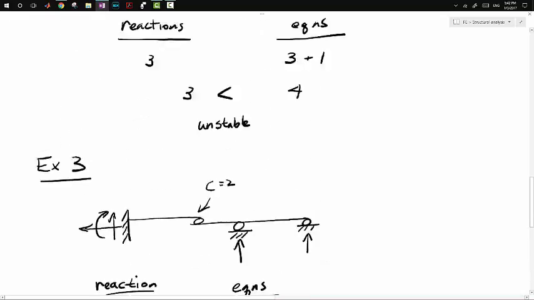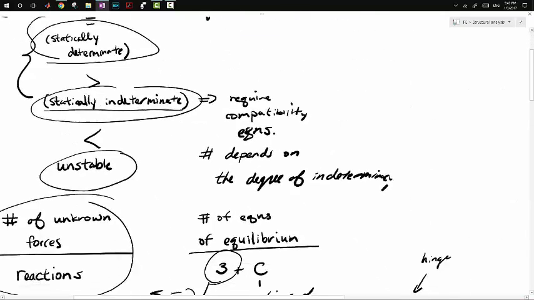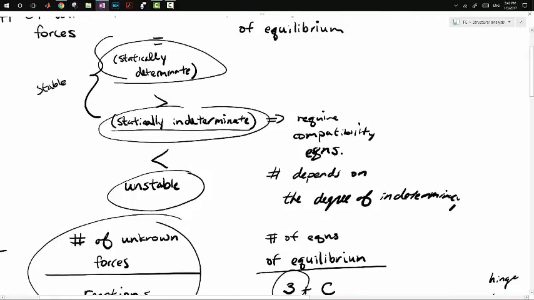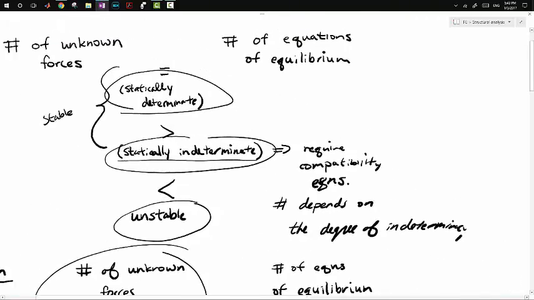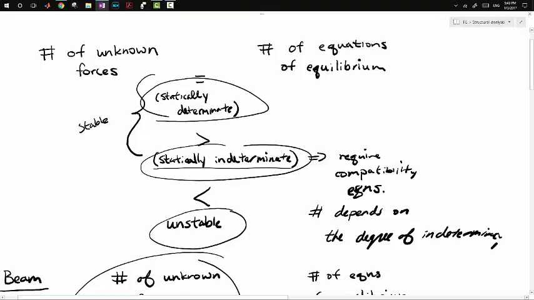So again, as I mentioned earlier, when you have a statically indeterminate structure where the number of unknown forces is greater than the number of equations of equilibrium, you will require compatibility equations in order to find all of the unknown forces.